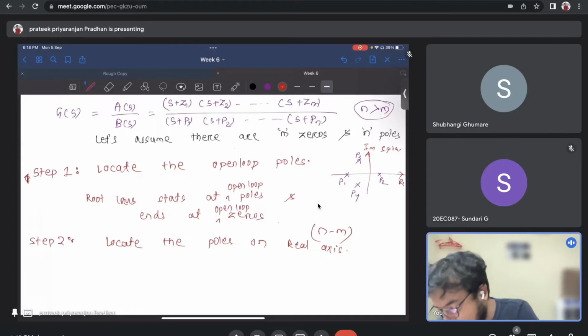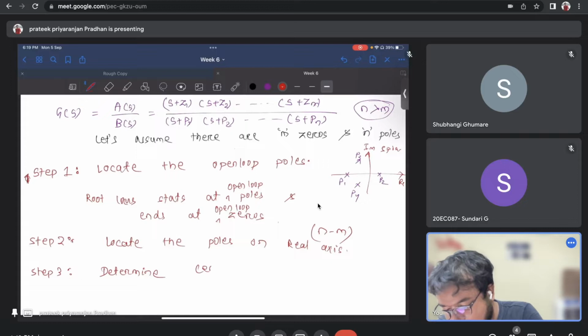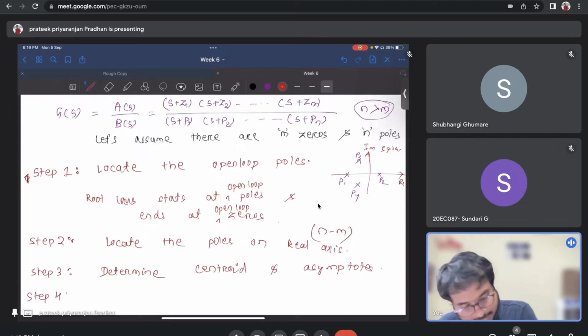Real axis. Then step 3 is to determine the centroid and asymptotes. Then step 4 is finding breakaway points.